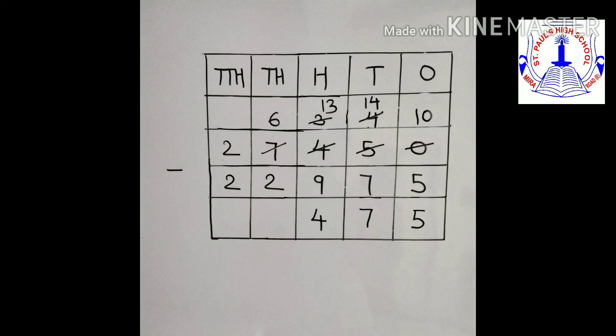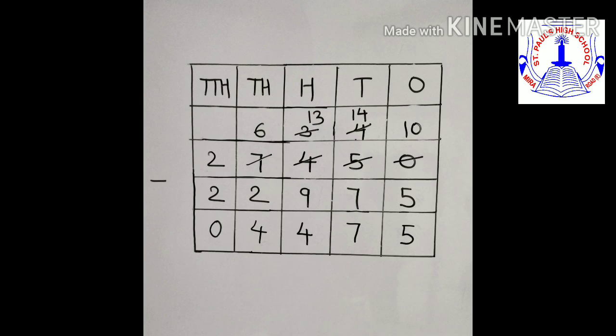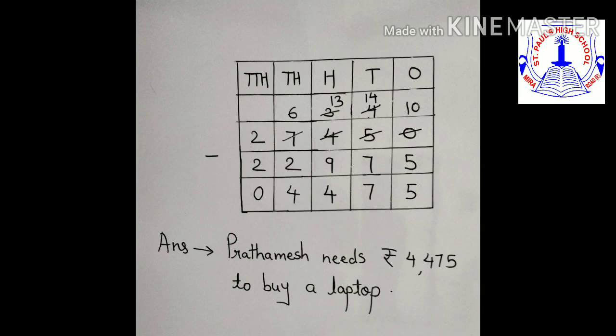In the thousands place, 6 minus 2 is equal to 4. And in the 10,000s place, 2 minus 2 is equal to 0. So our final answer is Prathamesh needs rupees 4,475 to buy a laptop.